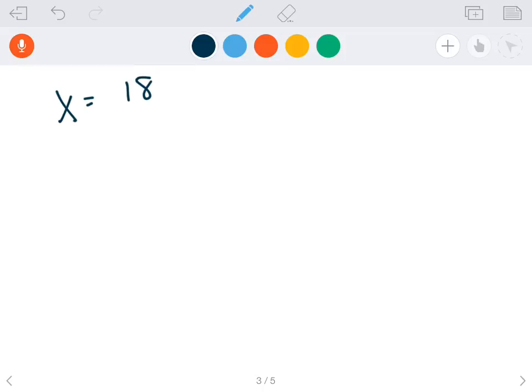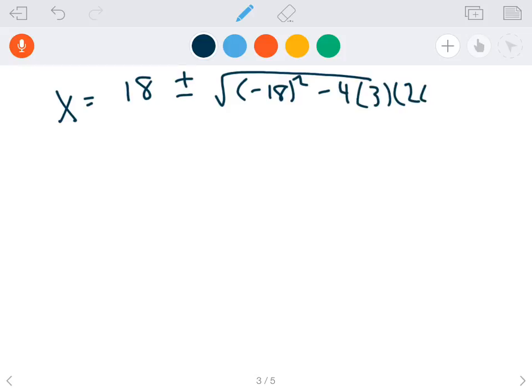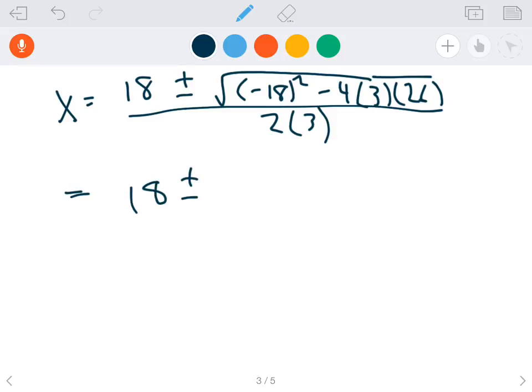X equals negative b plus or minus the square root of b squared minus 4ac, all over 2a. Nobody said it was going to be pretty. So 18 plus or minus the square root of, okay, on my scratch paper over here I did 18 times 18, you'll get 324.